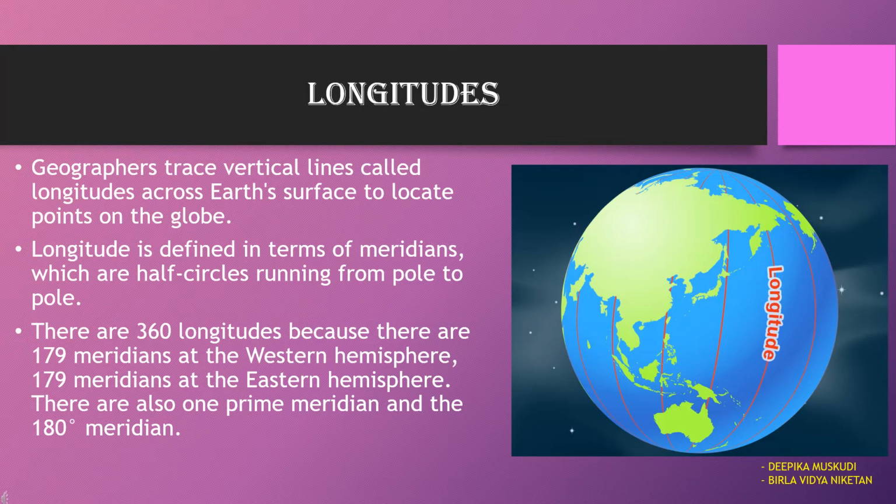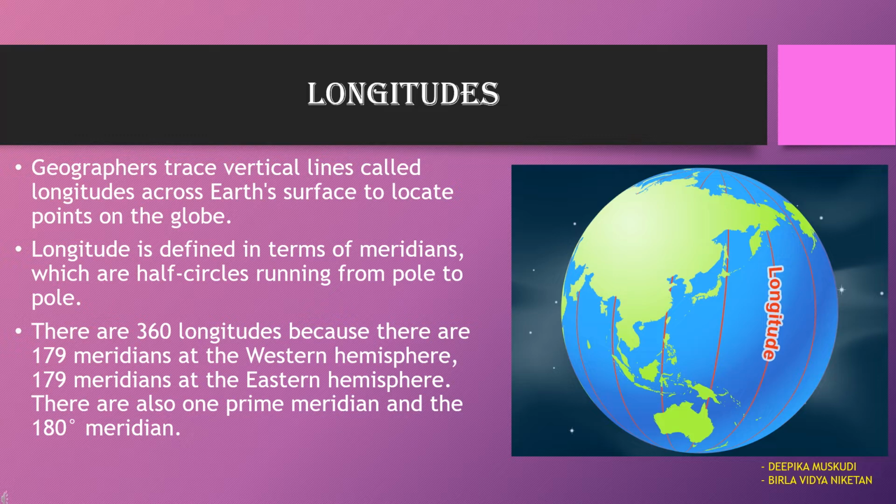Students, let's start our topic with longitudes. Longitude is the measurement east or west of the prime meridian. Longitude is measured by imaginary lines that run around the earth vertically and meet at the north and the south poles.